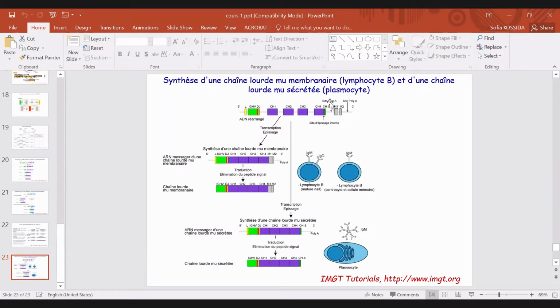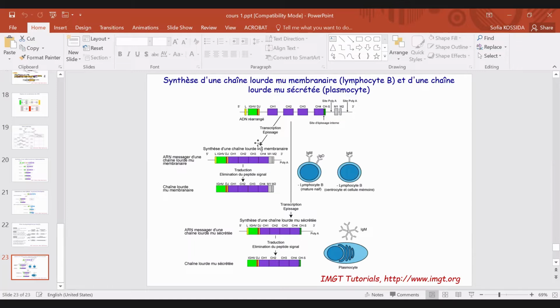There are two different polyadenylation sites, and there is M1 and M2. This is how it looks at the genome, the rearranged genomic sequence. And have a look at this arrow.